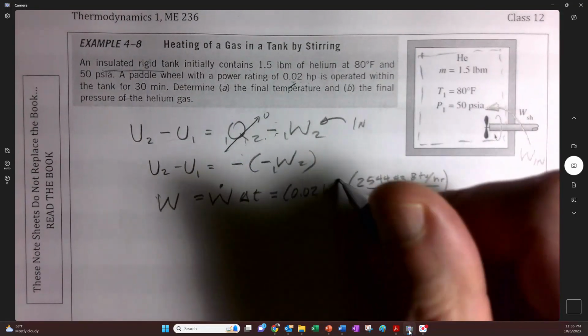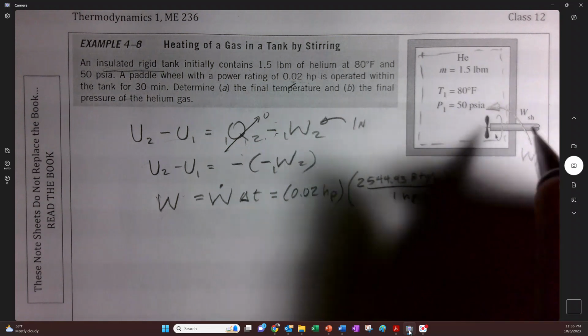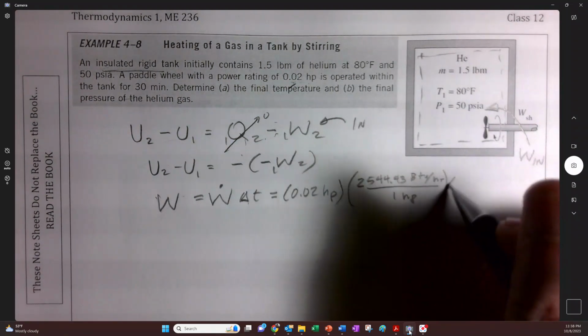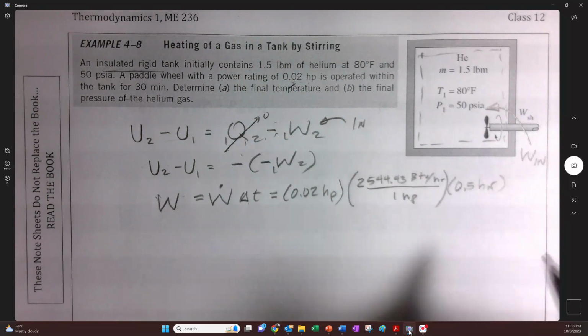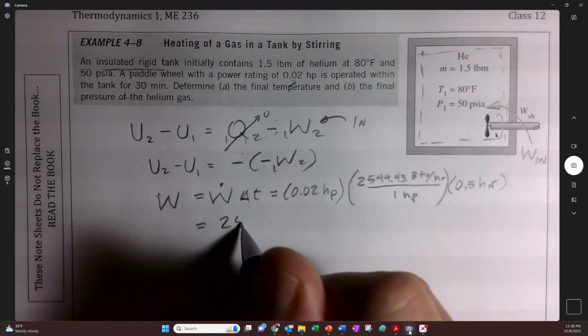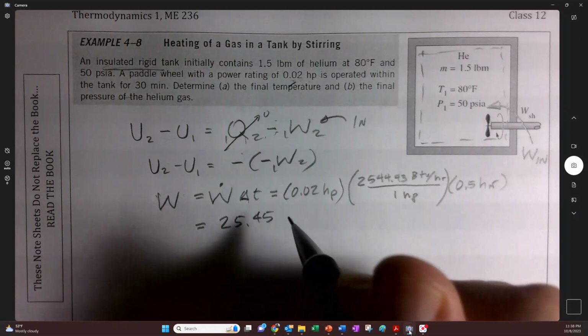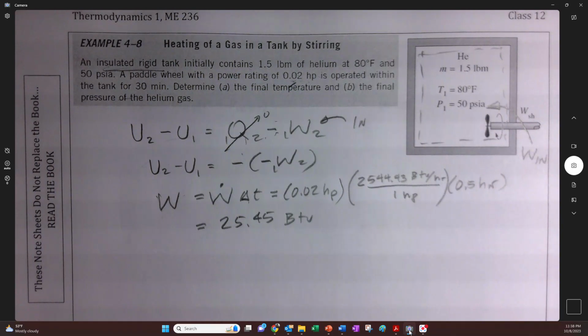And then we also need to multiply it by the time. 30 minutes is 0.5 of an hour. So we get 25.45 BTUs.